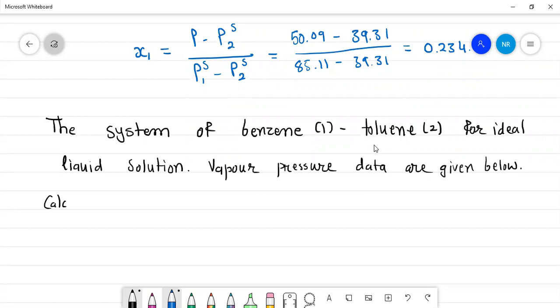Calculate. So one table is given. Let me draw this table, then we say what calculation we have to do.